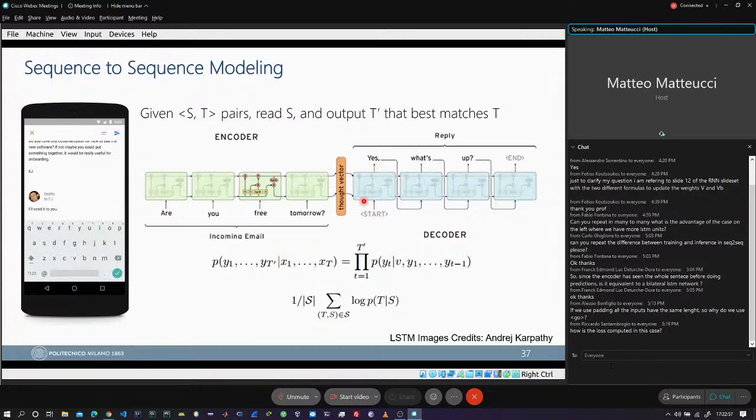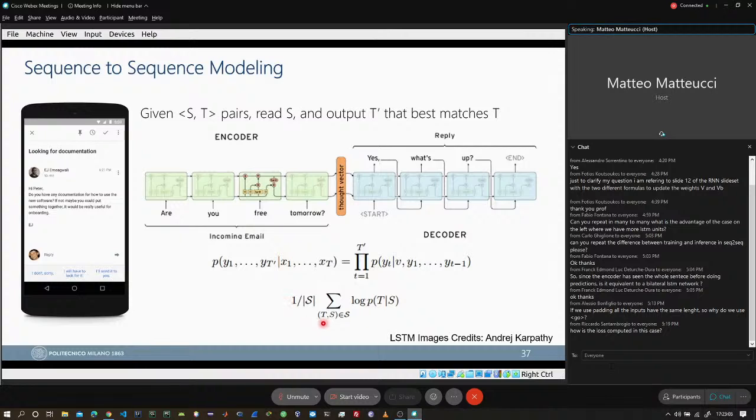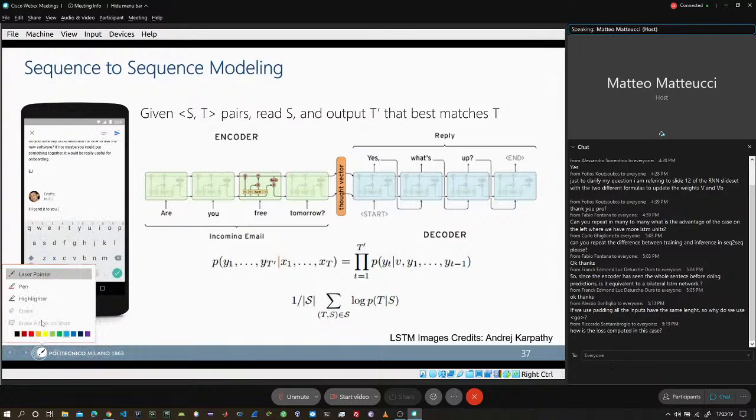Because of this, you compute the cross entropy. This is the average cross entropy along the sequence. Why is it the cross entropy? Just a brief recall of the mathematics of cross entropy.